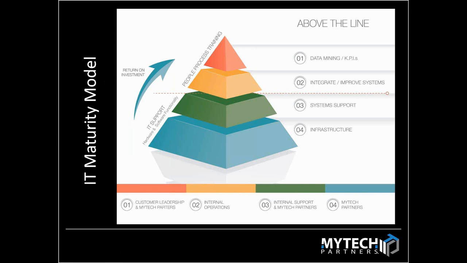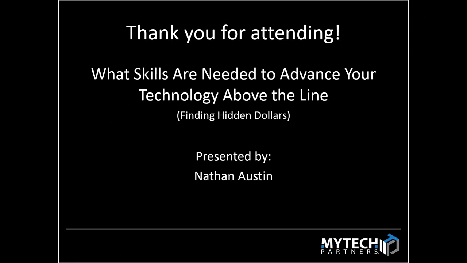And the better visibility you're going to have to be able to run your operation as well. So that's really the above the line, what skills are needed to advance your organization above the line. It's definitely a technology focus. So I wasn't focusing on extraneous processes outside of technology, but those are the skill sets that we've seen, again, across multiple organizations relative to helping them advance.